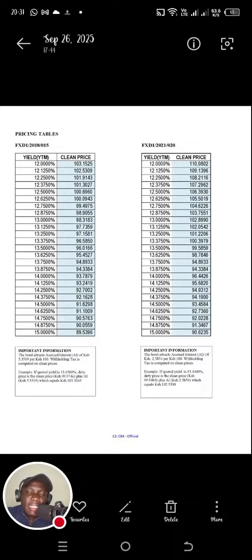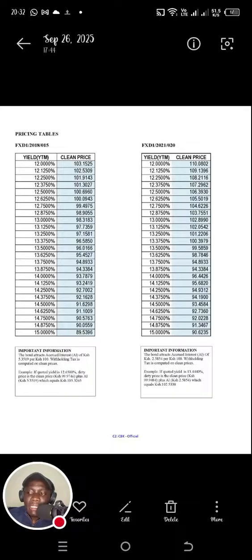Whatever yield the auction determines, the market average, I'm very comfortable with that. But when it comes to competitive bidding, you tell the Central Bank of Kenya, I want to give you my 3 million, but this is the yield that I demand.